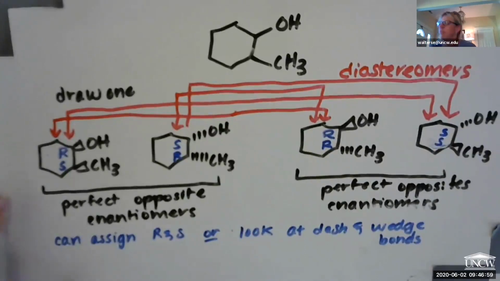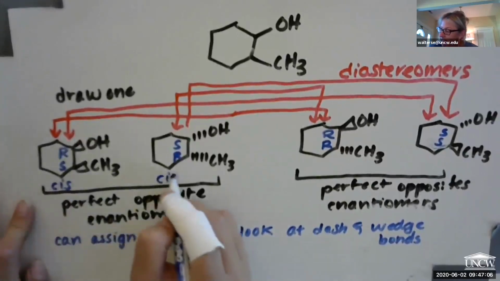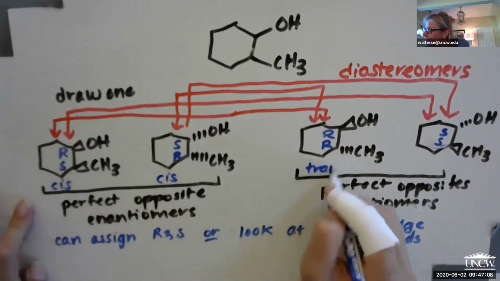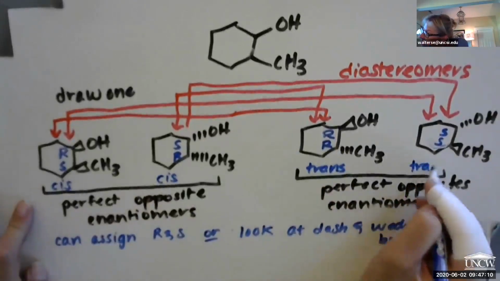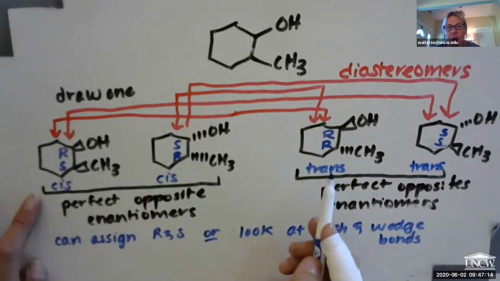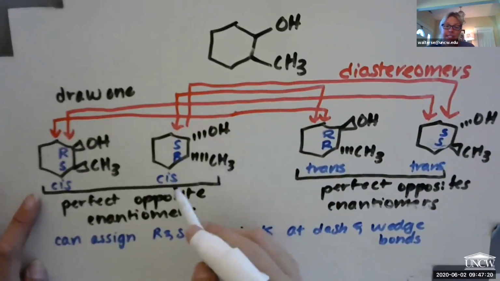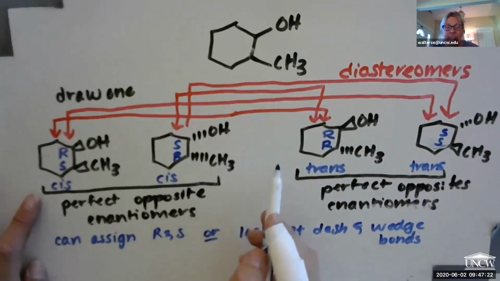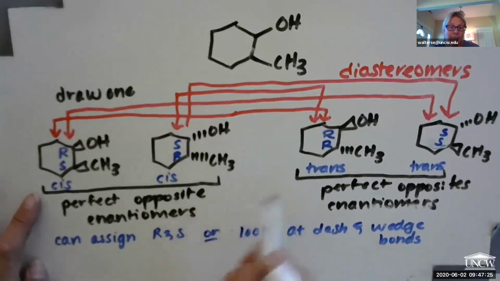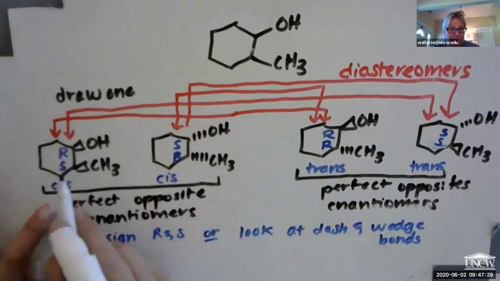Now, before we move on, you can say that this is cis and this is cis, trans, trans. Okay, so cis and trans is called relative stereochemistry. So it's giving you a relative relationship, same side, different side of substituents off the ring. R and S is called absolute stereochemistry.